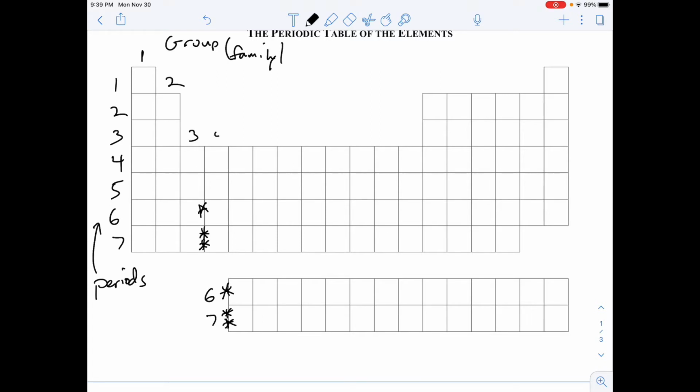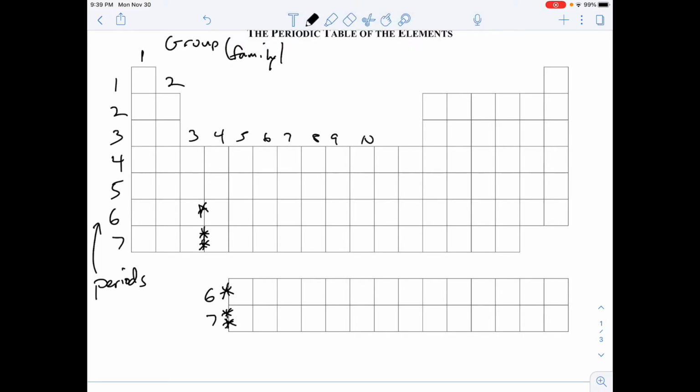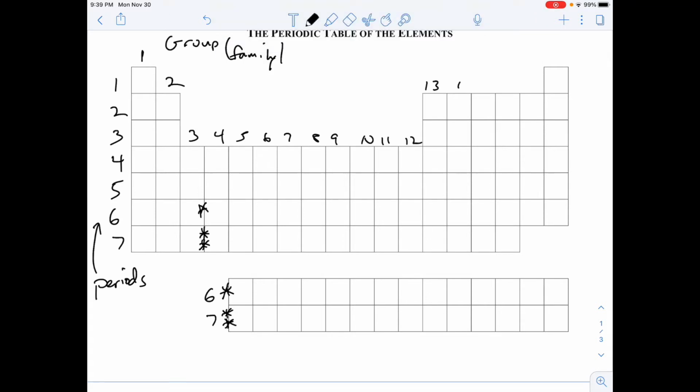So we have group 1, group 2, group 3, 4, 5, 6, 7, 8, 9, 10, 11, 12, 13, 14, 15, 16, 17, 18. We have 18 groups or families in the periodic table.